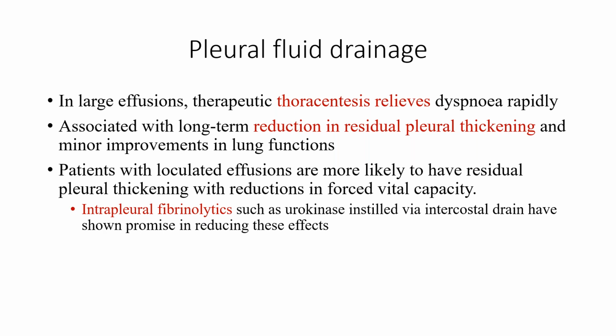Patients with loculated effusion are more likely to have residual pleural thickening with reduction in forced vital capacity. So people give intrapleural fibrinolysis, streptokinase, urokinase. I think again, because streptokinase is very expensive and the effect is very minor, we don't achieve much. But if the pleural fluid is very heavy, severe, and causing dyspnea, you should do the drainage, put in a chest tube.